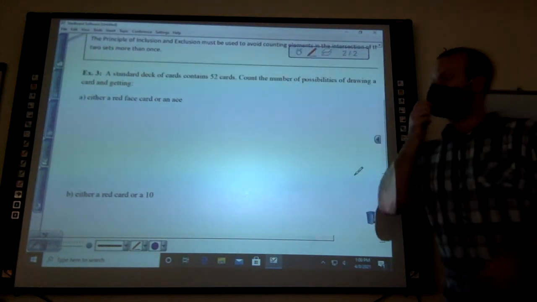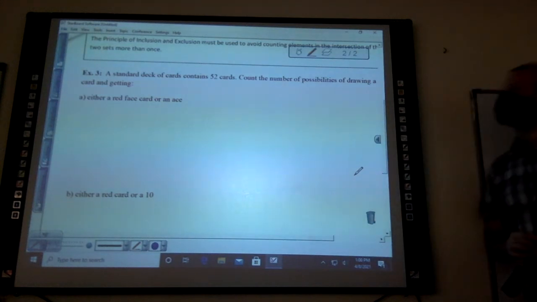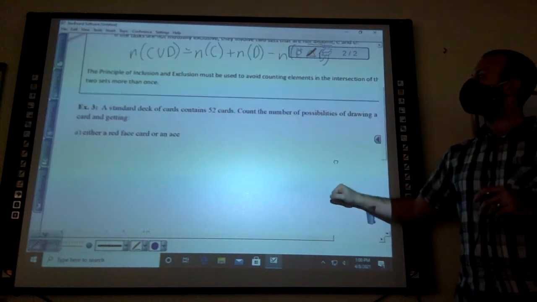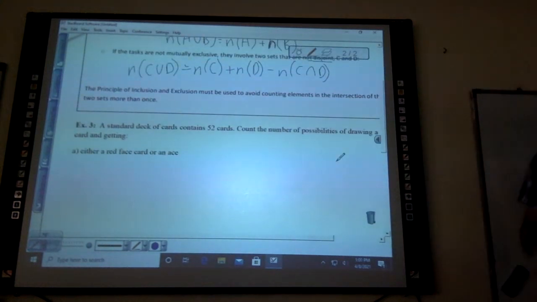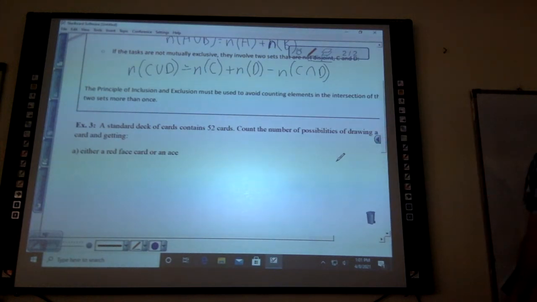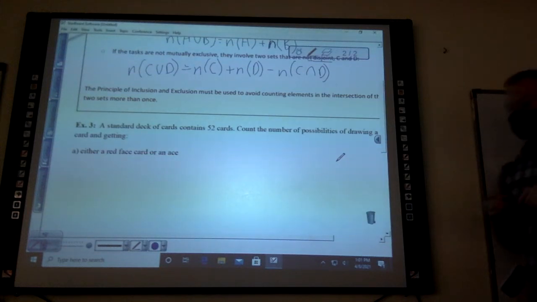As promised, we're going to deal with a deck of cards. So we want to know the number of possibilities of doing these next two things. What are the number of possibilities to draw a red face card or an ace?